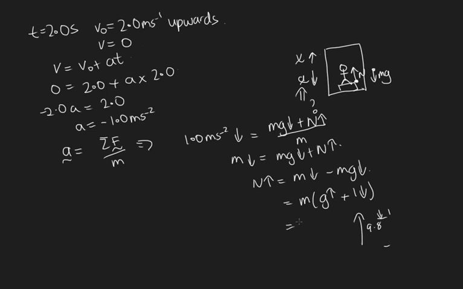So this would be equal to m, which is 80, times 9.8 minus 1, which is 8.8, and that is upwards. And so we've got that our normal reaction force is equal to 80 times 8.8, which is equal to 704 newtons upwards.